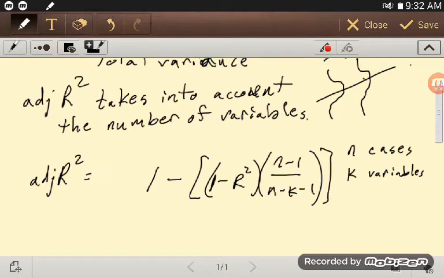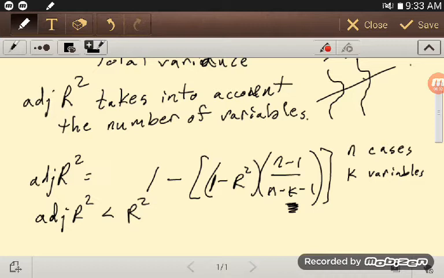And then, so that makes that bigger, but then we do 1 minus all of that, which makes it a bit smaller. So what we have is that the adjusted r squared is always going to be a little less than the r squared, or possibly a lot less. But what we see is this k being there is we get extra penalized by more variables. And if n is really big, it doesn't really matter too much.